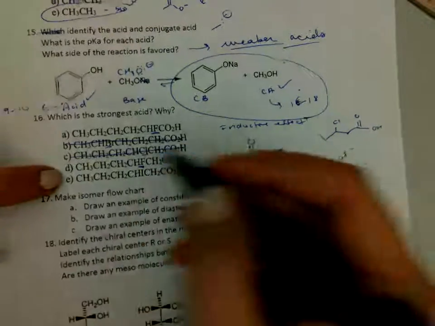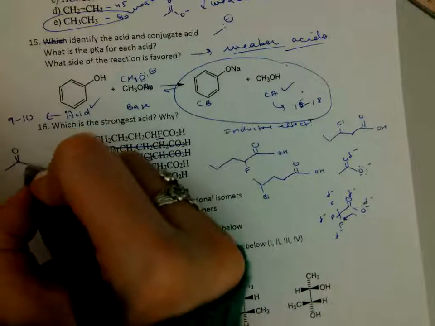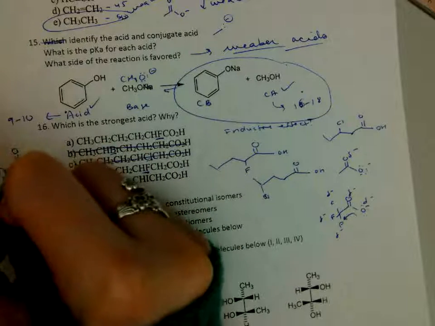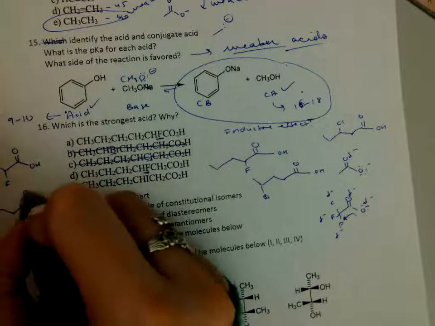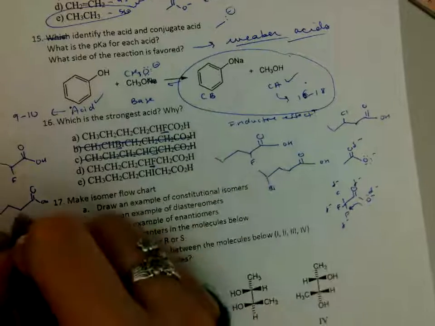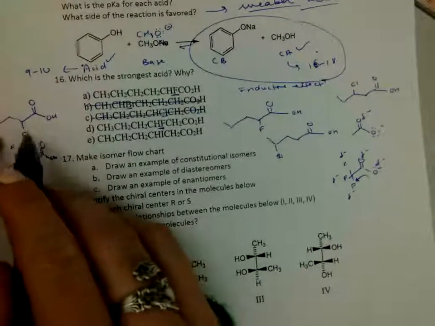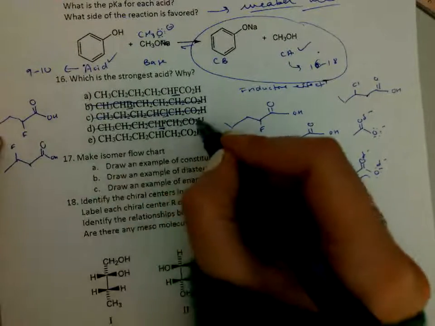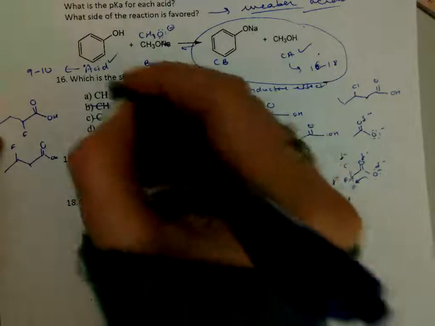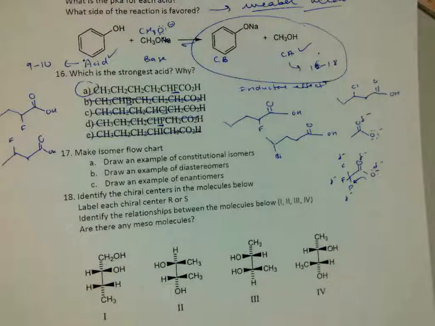So we have a fluorine right here, and we have a fluorine right here. So the one where the fluorine's closer is better, so we're going to get rid of that. And this has an iodine, so not even close. So A is going to be our strongest acid because it has the most electronegative atom closest to the point of the hydrogen.